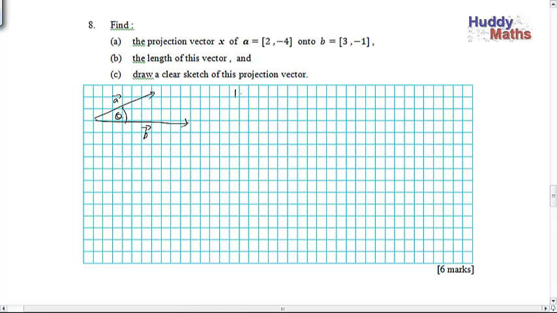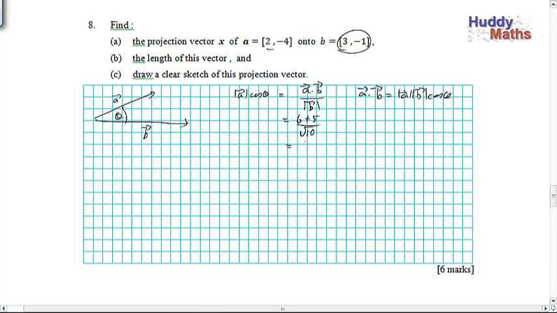So projection is the length of A by the cos of theta, which is A dot B divided by the length of B, just remembering that A dot B is length of A, length of B, cos theta. So that would be the length of the vector, and I'm going to do that first.